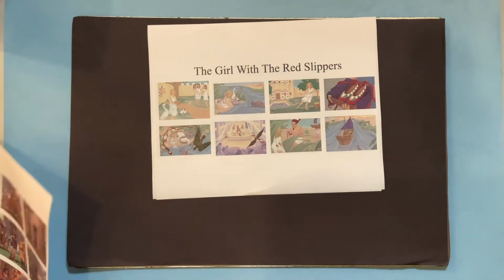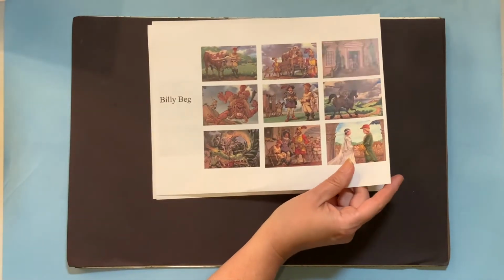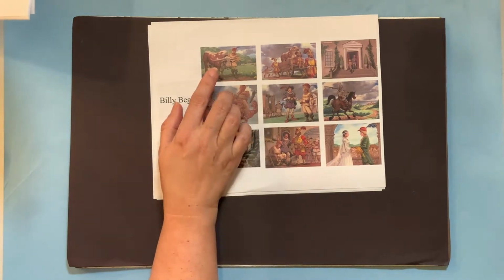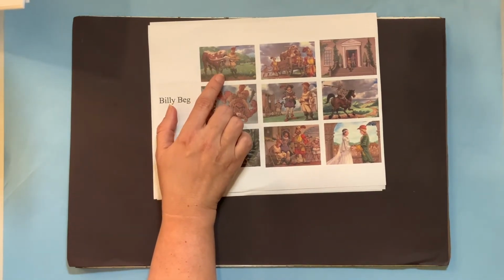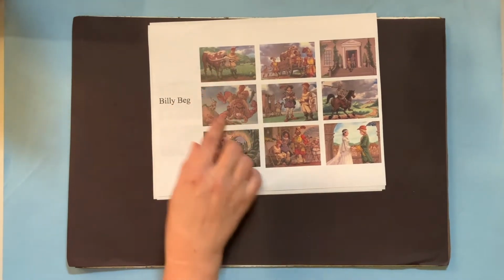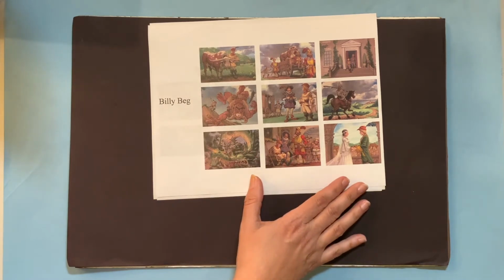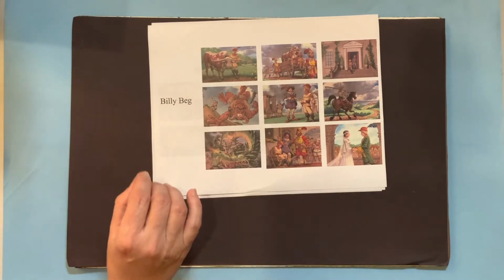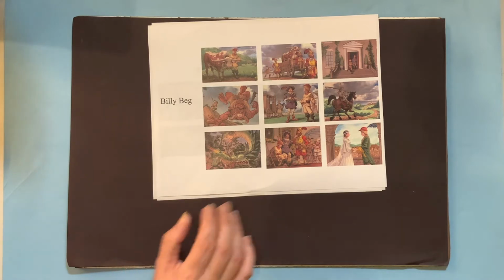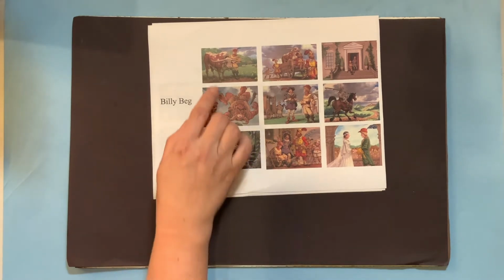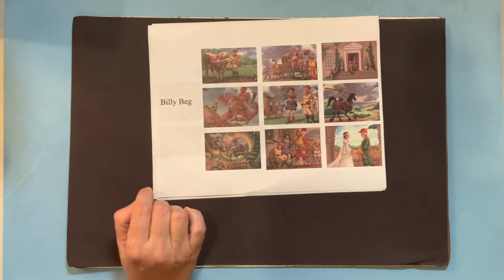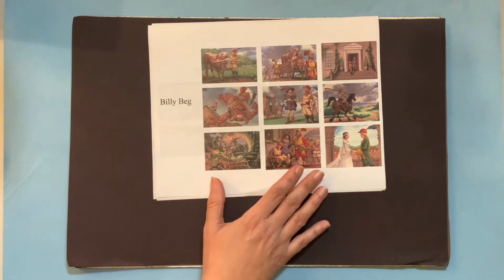And remember in Billy Beg's, Billy, he was a prince, but he left to find his place in the world. And Billy gets help from the bull that left him the gifts, which we're going to discuss again in a minute.